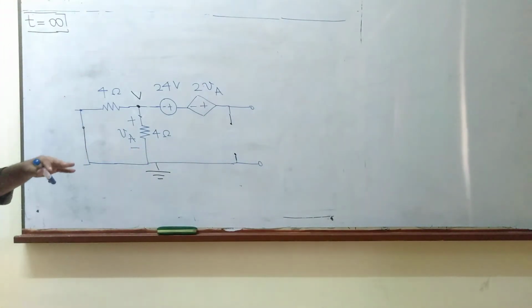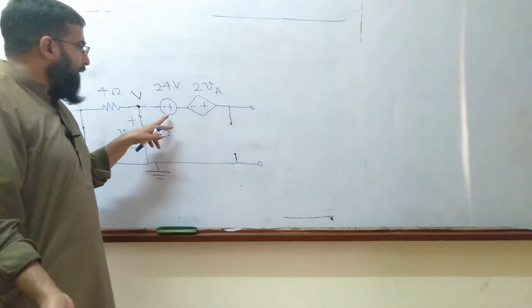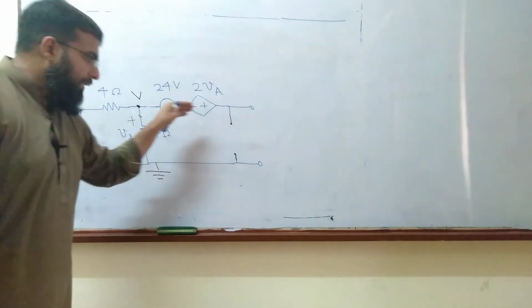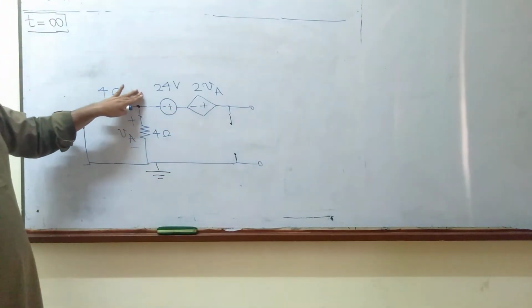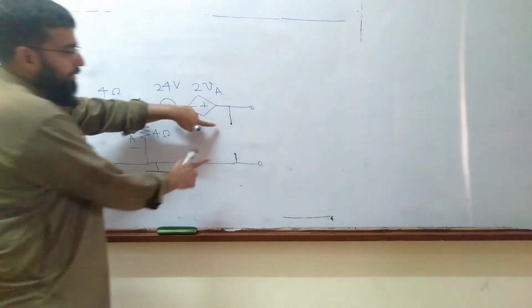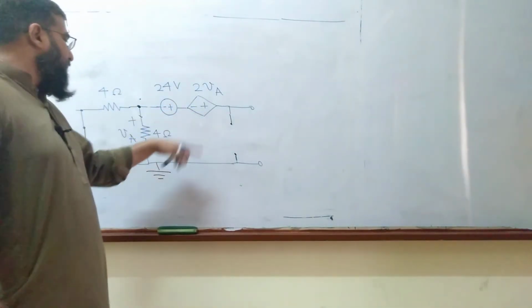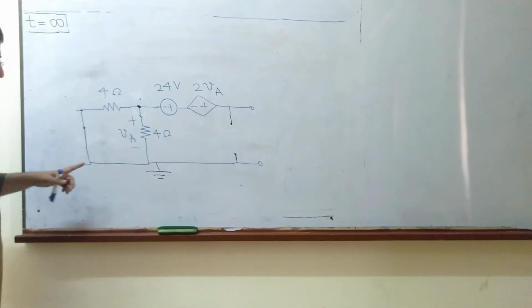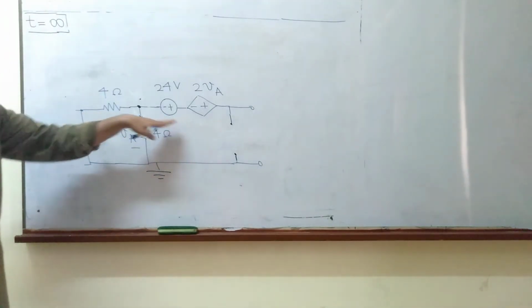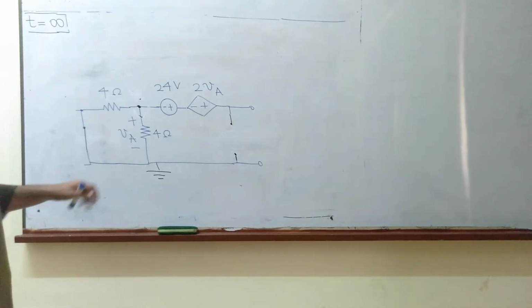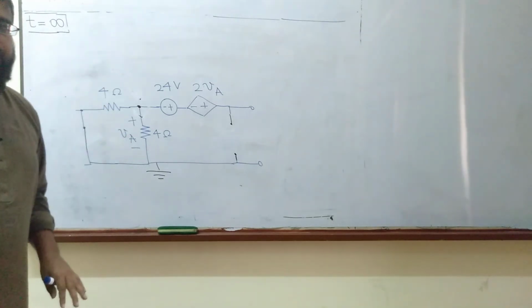We have this 24 volt source and this dependent voltage source in the circuit, but they are unable to cause a current flow, because the circuit is open circuited at these 2 points. Neither these 2 sources nor that 3 ampere current source that we have removed, because its upper and lower ends were short circuited. So in short, there is no current in the circuit.